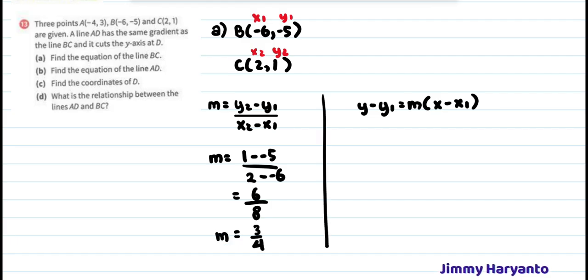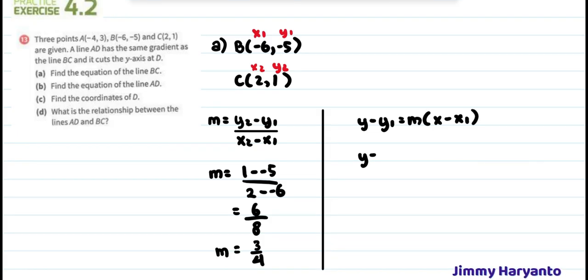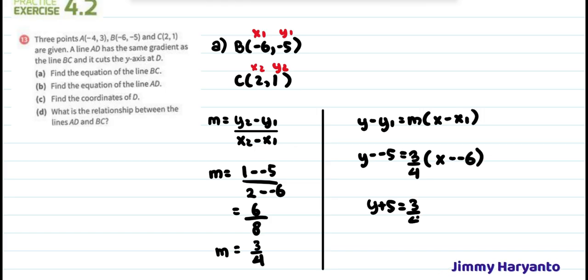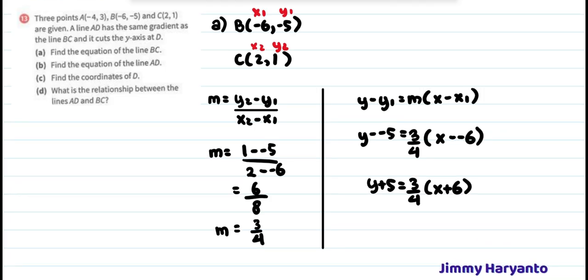And then we have to find the equation of the line. Y minus y1. Y1 is negative 5 equals m, which is 3 over 4, times x minus x1. X1 is negative 6. So y plus 5 equals 3 over 4 times x plus 6. Okay. And then we have to input it right there.